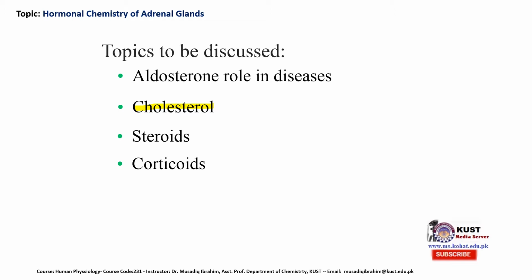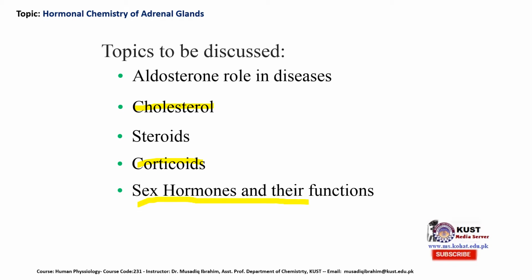Corticoids, these are another type of adrenal gland hormones which are also synthesized from the cholesterol precursor molecule, and they perform different functions. Sex hormones and their functions, so there are a number of sex hormones which are being synthesized by the adrenal glands, and then they are secreted to perform certain functions.